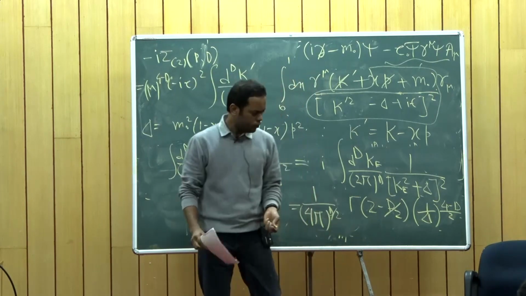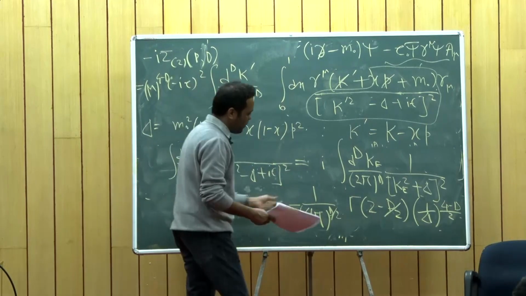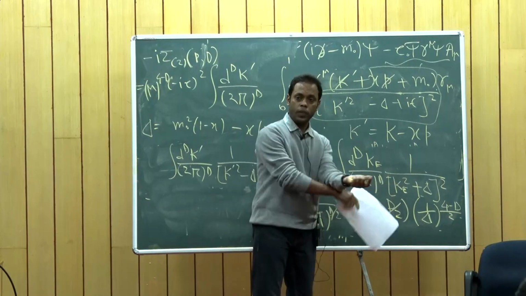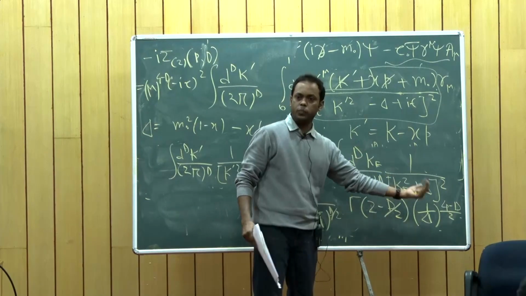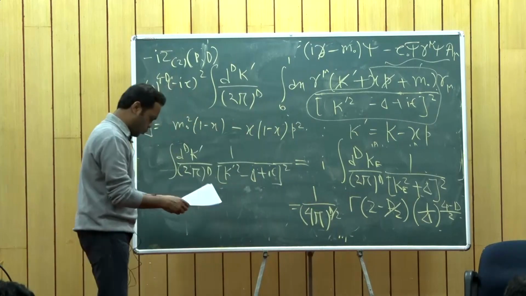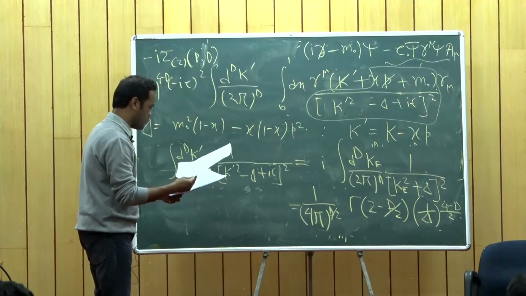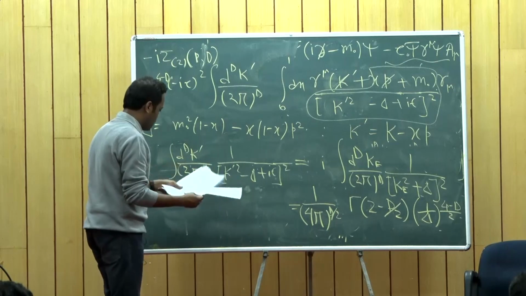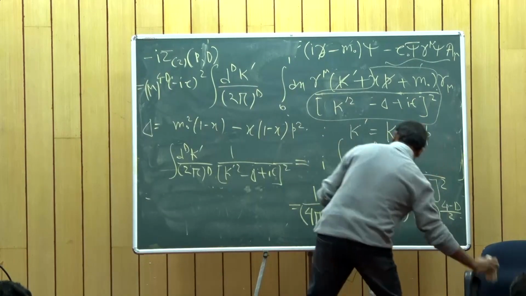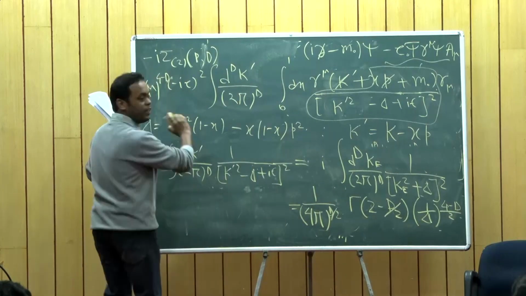So you can expand this gamma function near the pole, d equal to 4, and separate the divergent piece and the finite piece in principle. I'll just write down the result without going through any further of this. Maybe I don't have much time. This is the only thing I'll be able to finish. So, any question on this part?